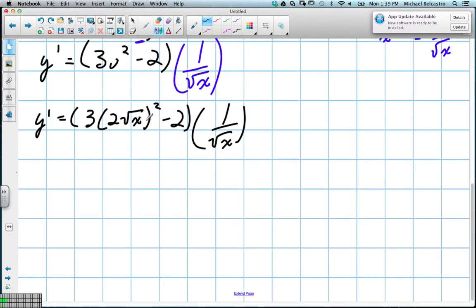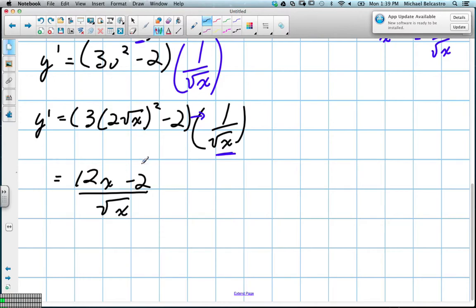When we go to simplify, this squared is 4x. 4x times 3 is 12x. Are we okay with that? That becomes 12x when I simplify that, subtract 2. Because we're multiplying fractions, this becomes the top of the fraction, and the bottom just becomes root x.